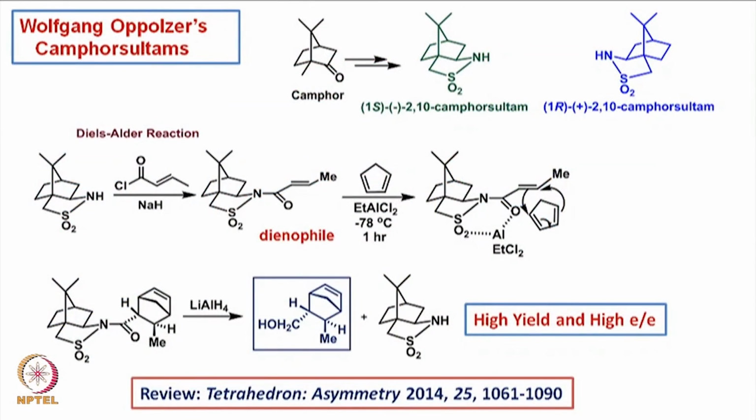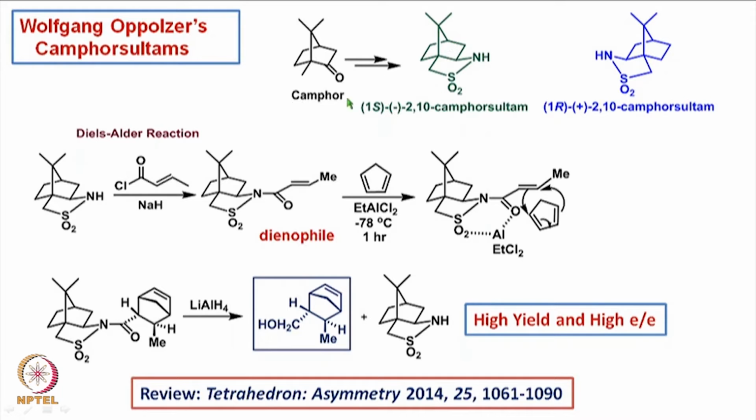Then at the same time, Wolfgang Oppolzer in Switzerland introduced camphorsultams as interesting chiral auxiliaries. The camphorsultams look like this, which is 1S minus 2,10 camphorsultam, or like this, which is 1R plus 2,10 camphorsultam.